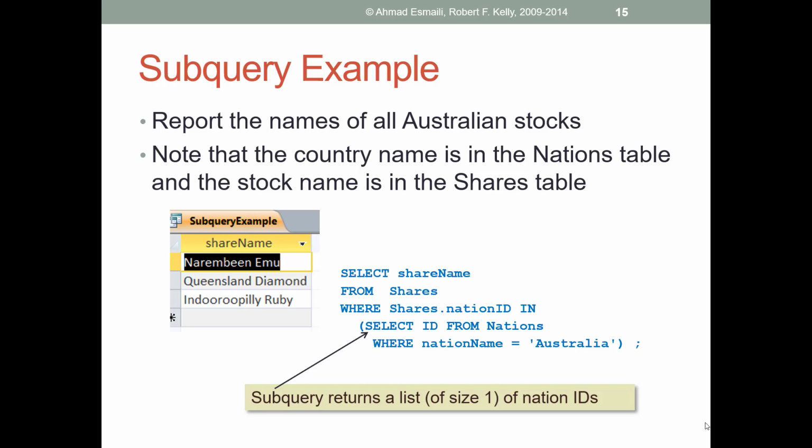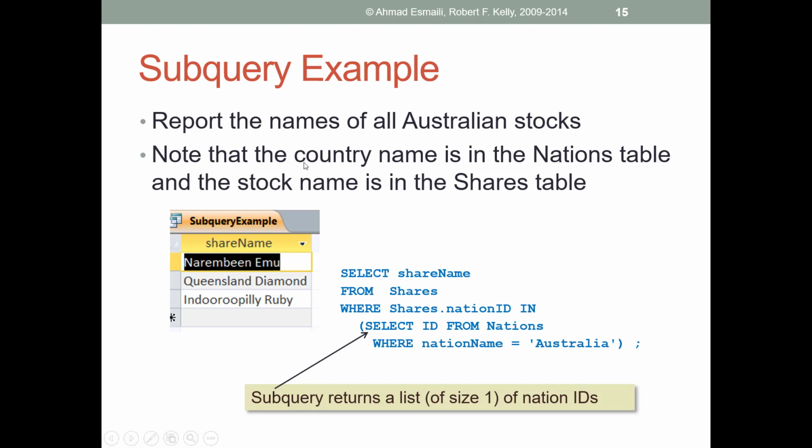So right here, the query that we are writing is for reporting the name of all Australian stocks. How can you do that? Well, there is a simpler way, but in this case, we want to use a subquery, because we want to try whether this will work with a subquery or not. So how do we do that?